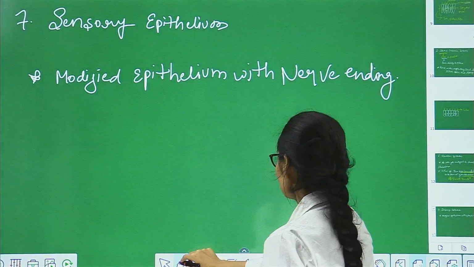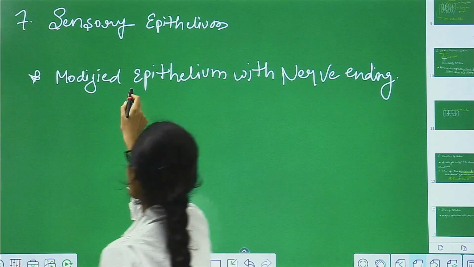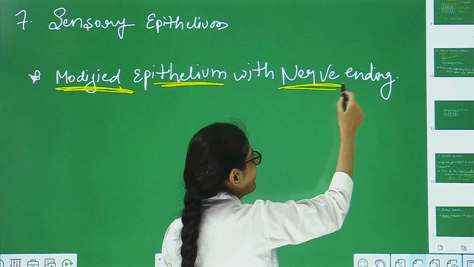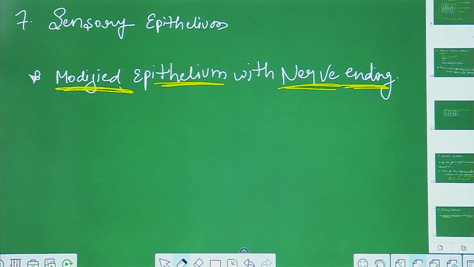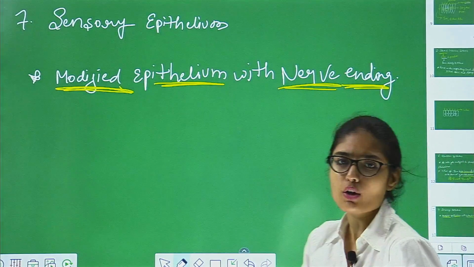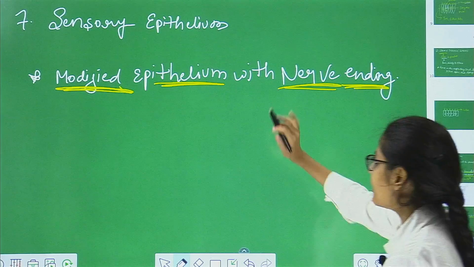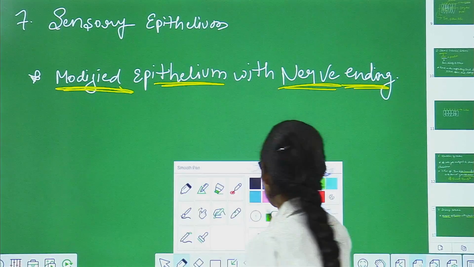Okay. Yes, so these are modified epithelium with the nerve ending. Okay, and yes, they are located at the nasal passage, retina and taste bud. So these are your sensory organs, you know, the taste buds, the eyes and all. So they are present in the nasal passage, right, retina and taste buds.